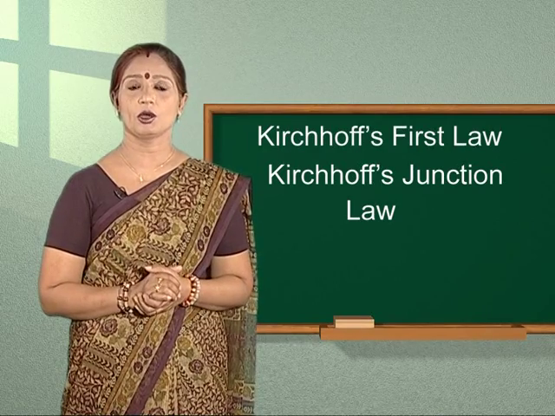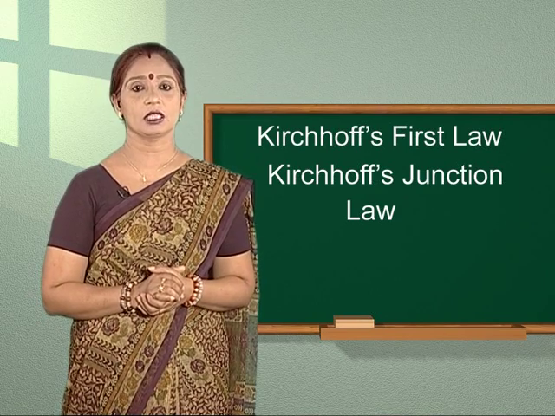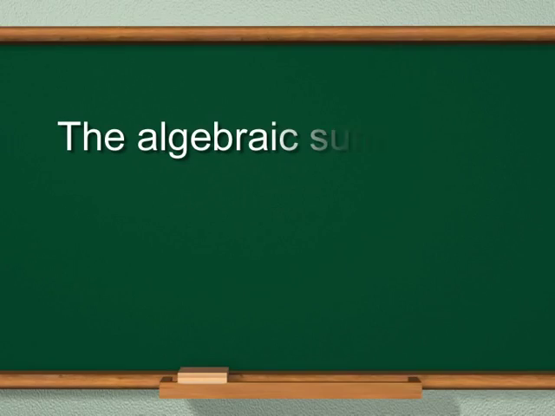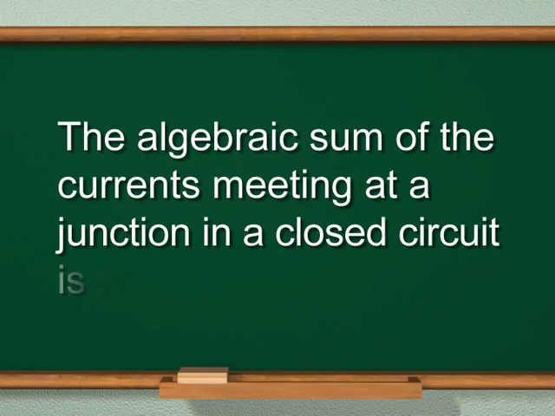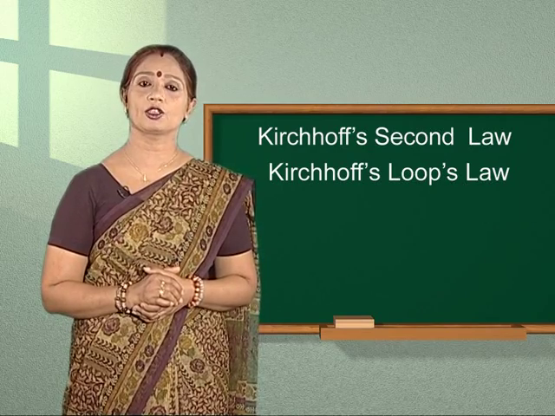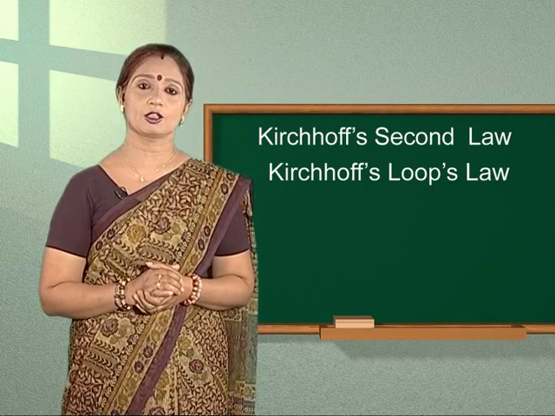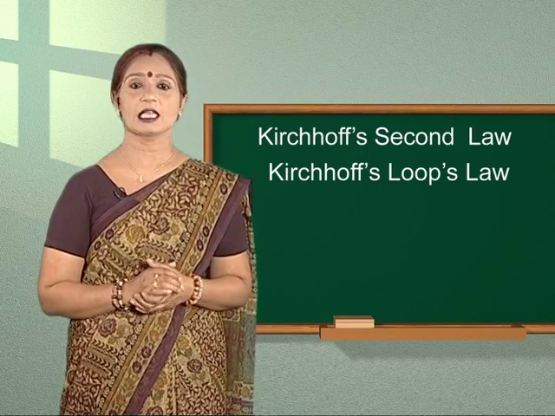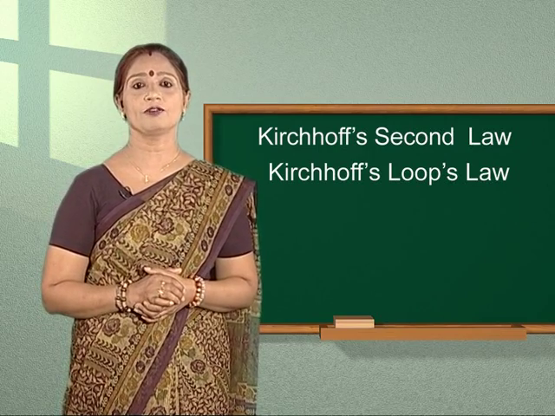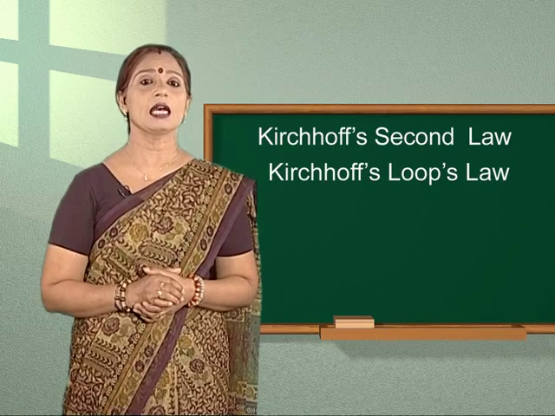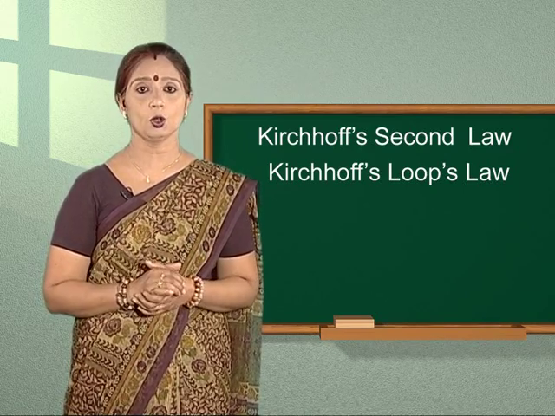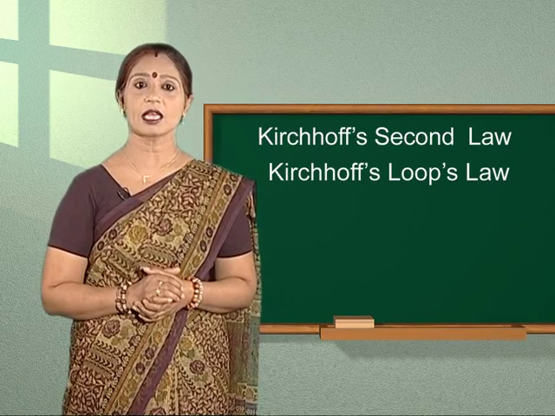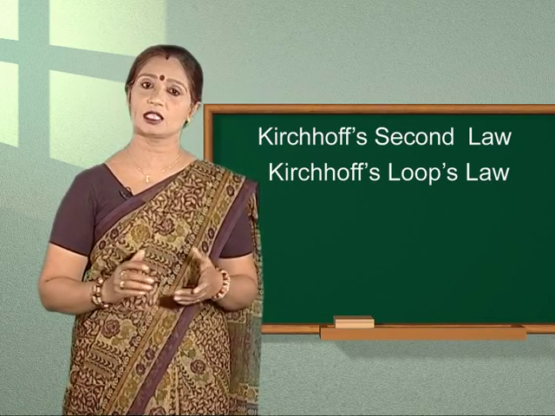Kirchhoff's first law or Kirchhoff's junction law states that algebraic sum of the currents meeting at a junction in a closed circuit is 0. The second law of Kirchhoff, also called the Kirchhoff's loop law, states that the algebraic sum of changes in potential around any closed path of electric circuit or a closed loop involving resistors and cells in the loop is 0.